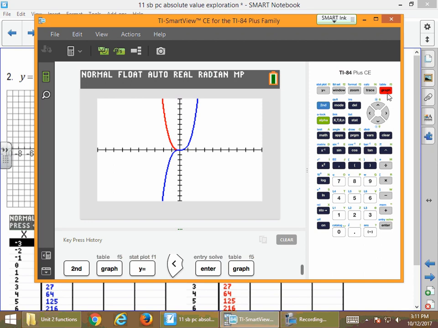And what you, I hope, can see here is when we took the absolute value of that entire function, it took what's below the x-axis and reflected it over the x-axis so that we were only dealing with positive values. So this blue value below the x-axis turns into the red value above the x-axis.